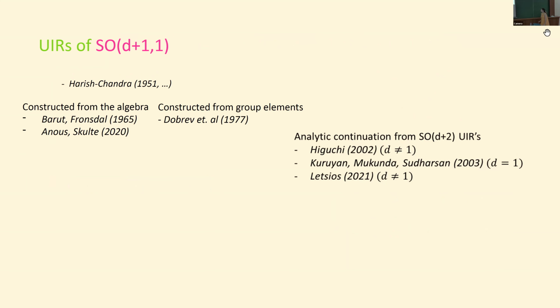The unitary irreducible representations of the de Sitter group are very well known to mathematicians, and they are pretty much established by the works of Harish-Chandra. And then there are all these reviews. They take different routes. You can construct these representations from the algebra.